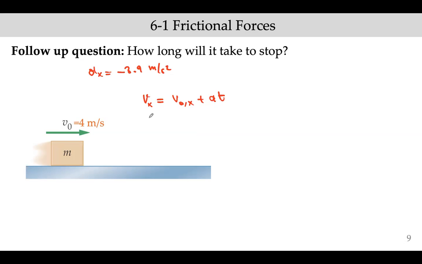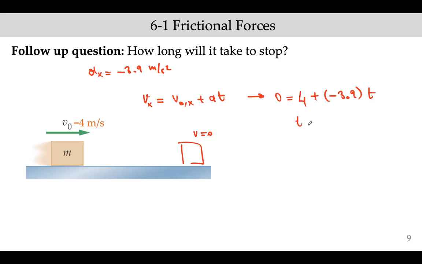So the final velocity is 0 because it stops here, right? So v becomes 0. So it's going to be 0. What is initial velocity? It's 4 in the positive direction. What is acceleration? It's negative 3.9 times t.